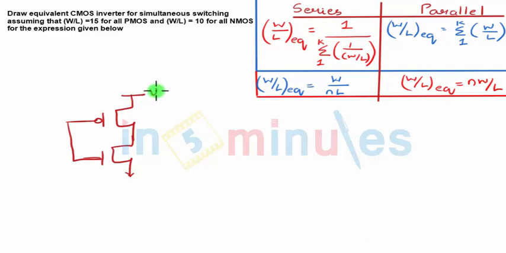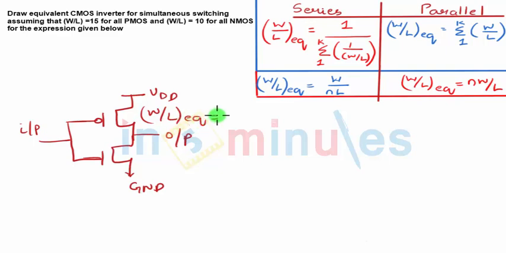This is my VDD, this is my ground, this is my input, this is my output, and you have seen that W by L equivalent for PMOS is 12.5, and W by L equivalent for NMOS, my size was 12. So with that we got a corresponding inverter equivalent circuit.